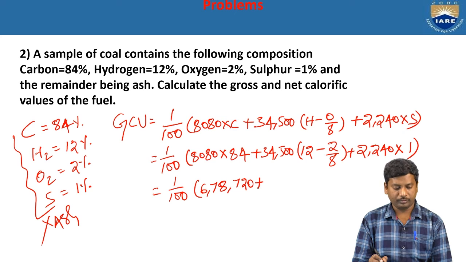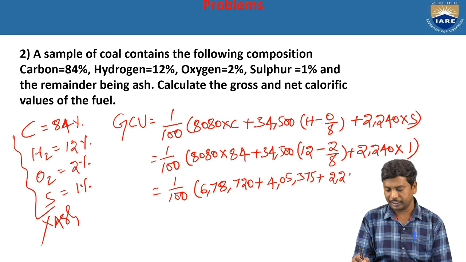Plus 34,500 into 12 minus 2 by 8, we get the value nearby 4,05,375. Plus 2,240 into 1, we get 2,240.